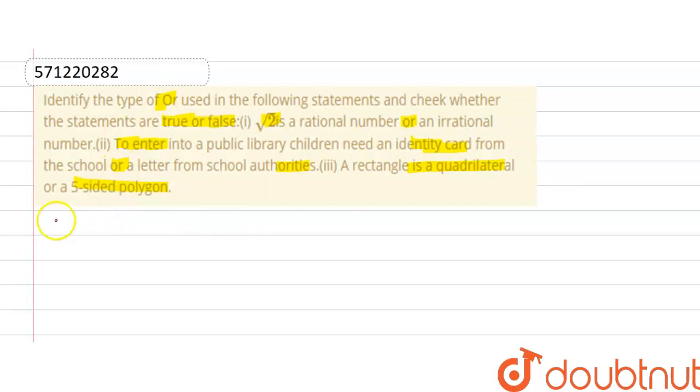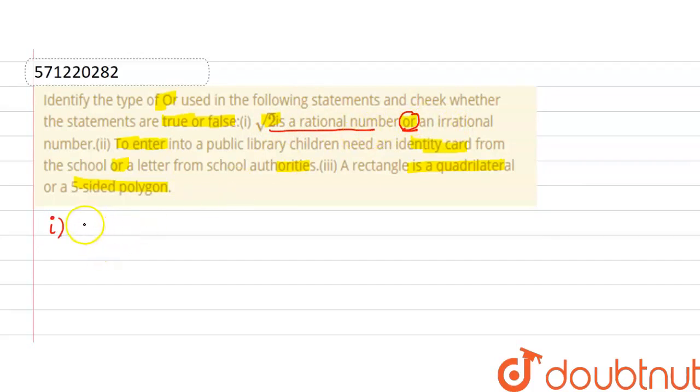Now our first part is: root 2 is a rational number or an irrational number. First we have to find whether this "or" is an exclusive or an inclusive "or". Exclusive "or" means either the first part, that is root 2 is a rational number, is true, or the second part, root 2 is an irrational number, is true.